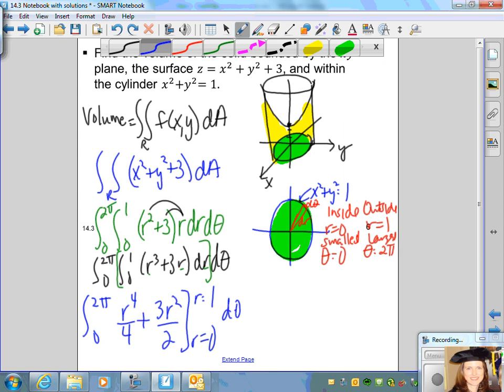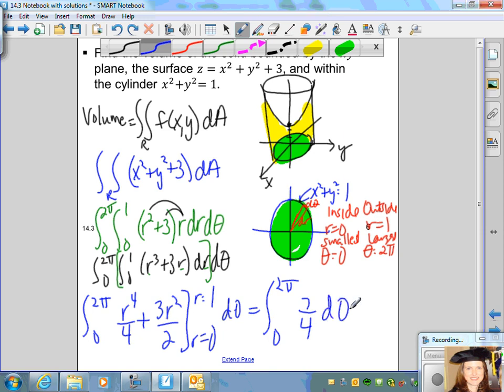When you plug in 1, you get 1/4 plus 3/2, which is 7 over 4. You get the integral from 0 to 2 pi of 7 over 4 d theta. And then when you plug in 0, you get 0.